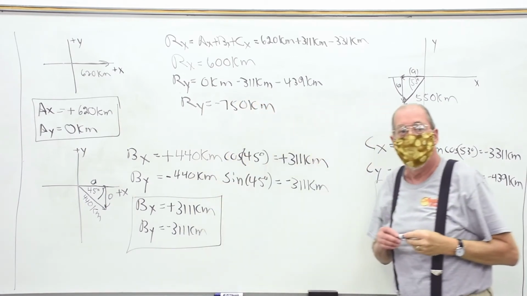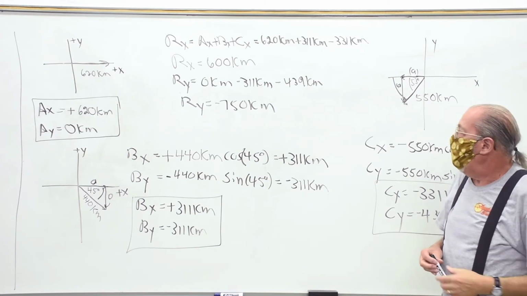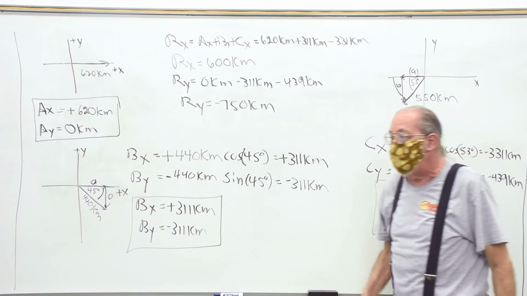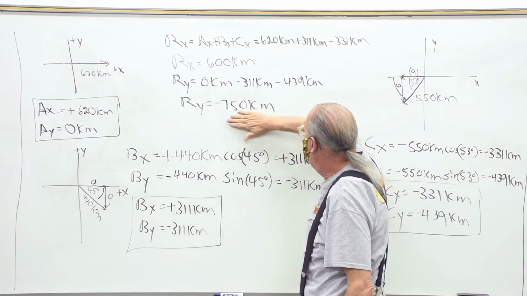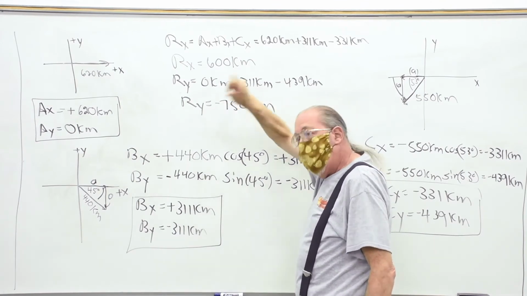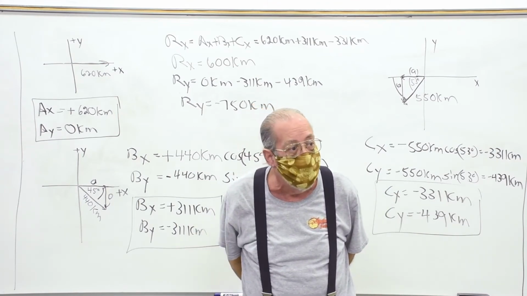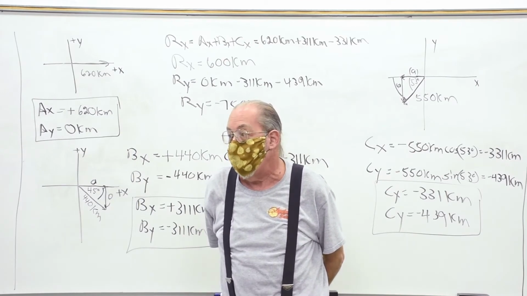Any questions? Now we're not done. Technically, that's the answer. The resulting trip is the same as if you went 600 kilometers east and 750 kilometers south. But now I want you to say, how far am I from home and what direction would I have to fly straight from home to get there?